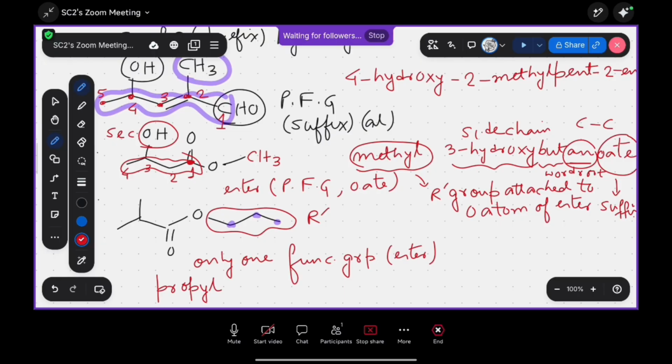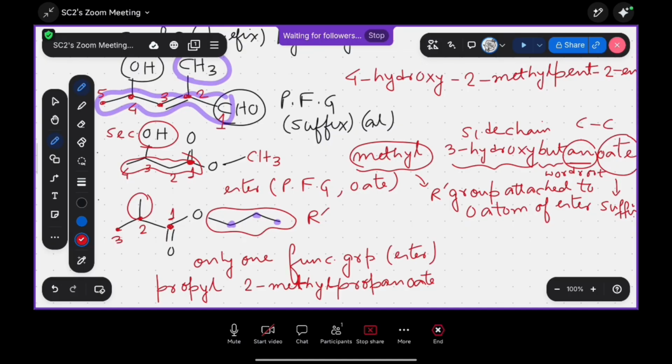Now what is this part? How to label it? This is carbon atom 1, 2, 3. At the 2 carbon there is a methyl group. So propyl, then don't give any dash, simply give a space. 2-methyl propanoate.